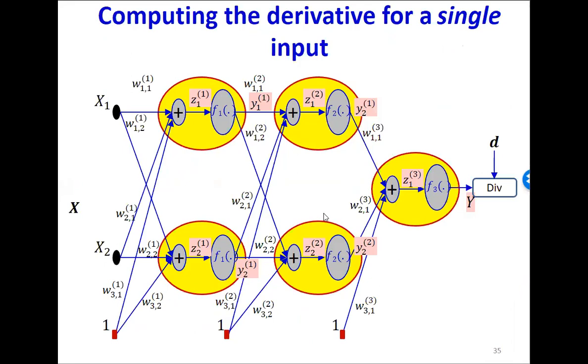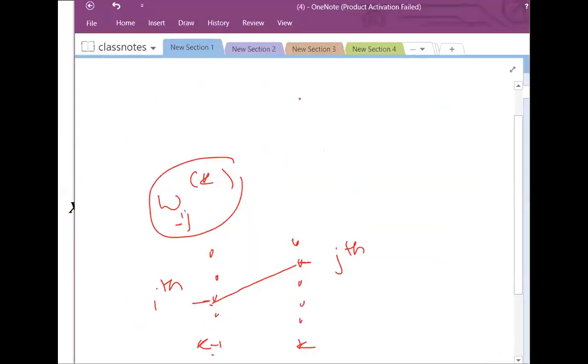Let me also begin labeling the other variables, the intermediate variables. The z's are the affine values. So if I write z_j^k, then this is the affine value at the input to the jth neuron in the kth layer.